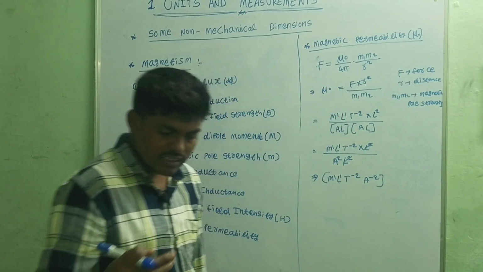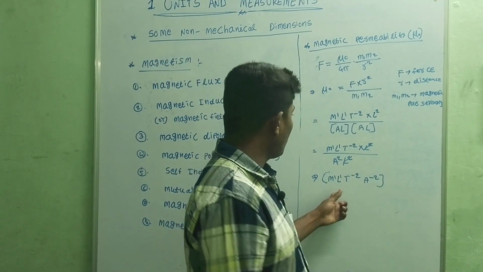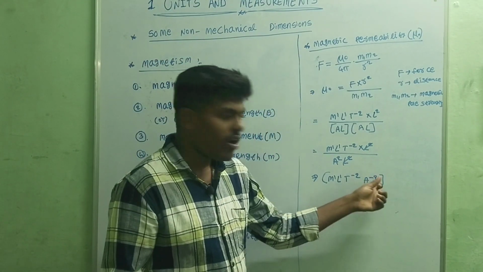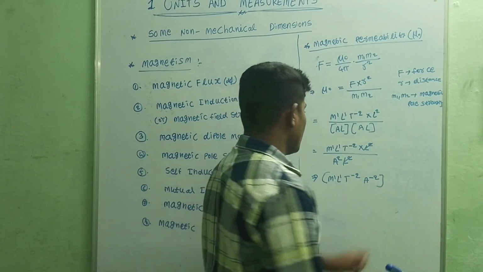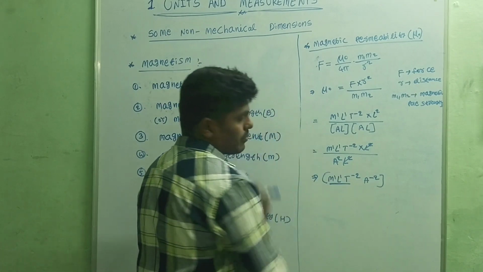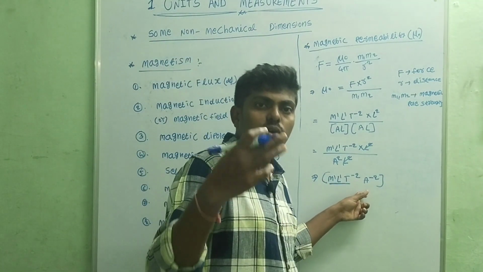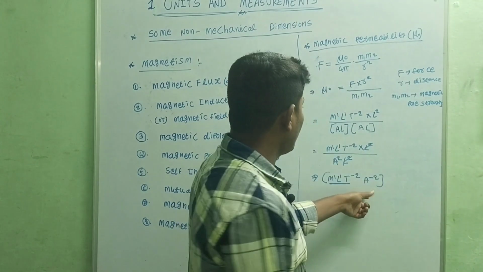Therefore the dimensions of magnetic permeability is M1 L1 T minus 2 A minus 2. So you can observe this dimensional formula, which is the dimensional formula of force divided by A2.